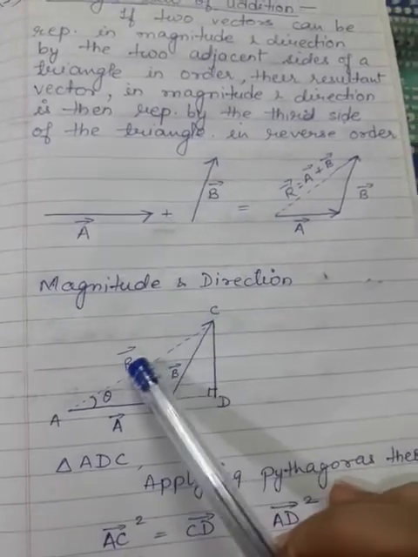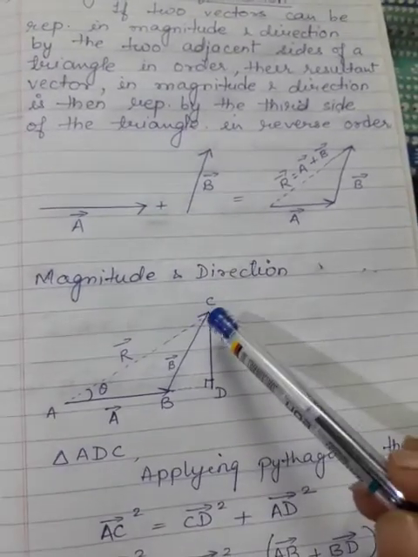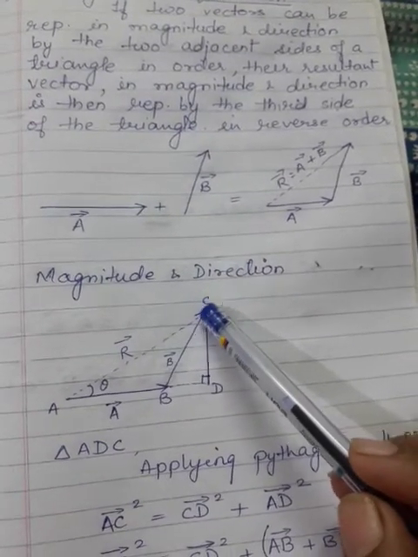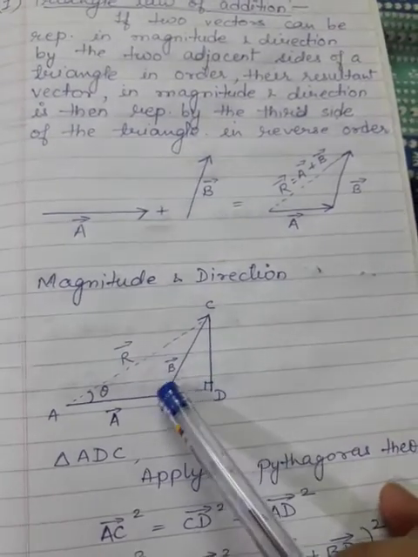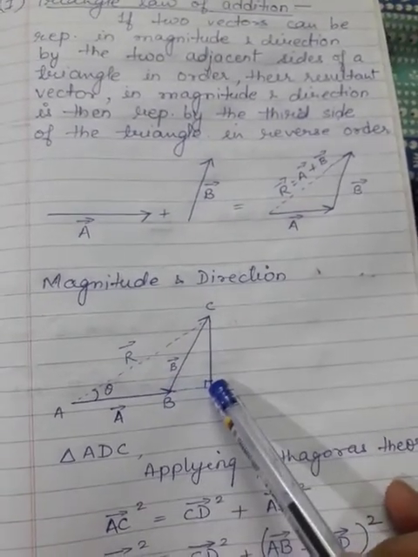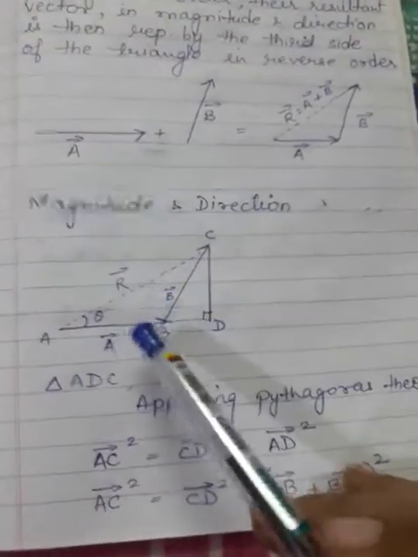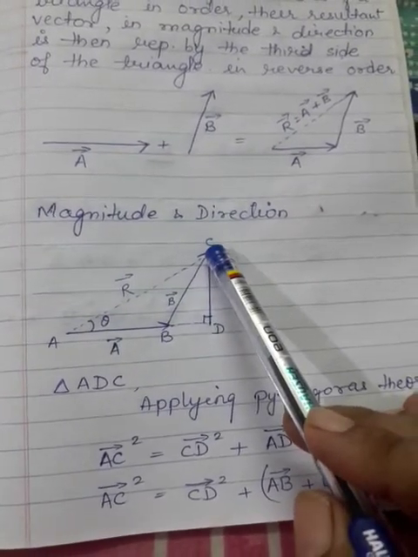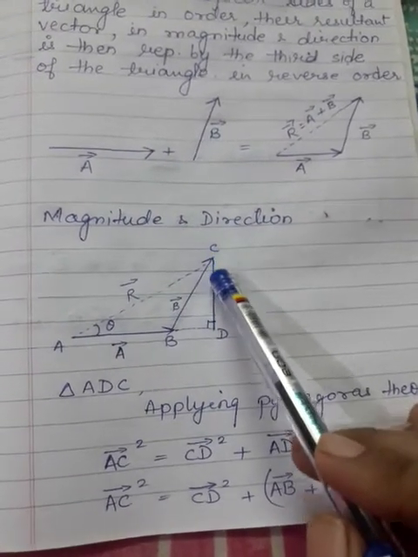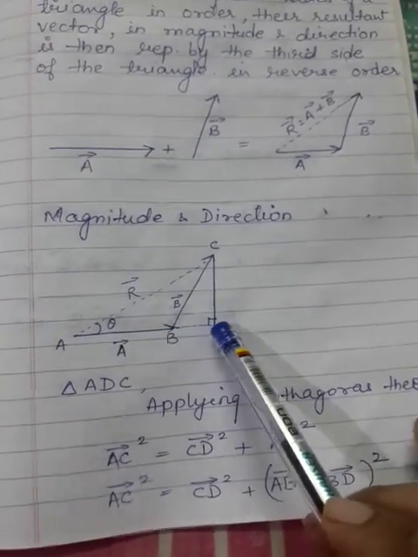To get the relation for this resultant vector, we draw a perpendicular to this triangle and extend our line AB to D. Now, first of all, we take the triangle ADC. In this ADC, CD is the perpendicular and AD is the base.